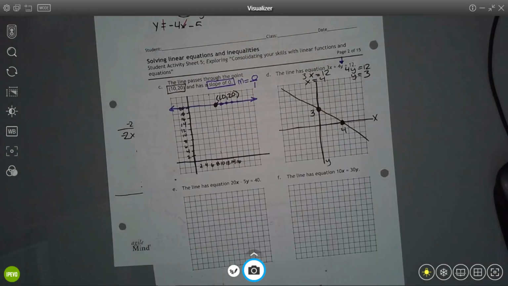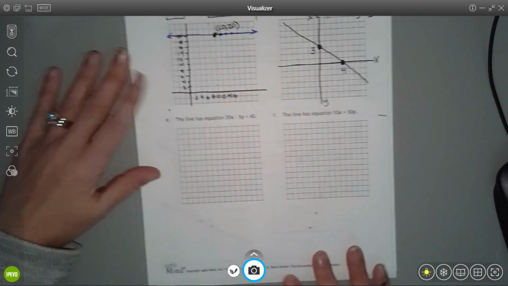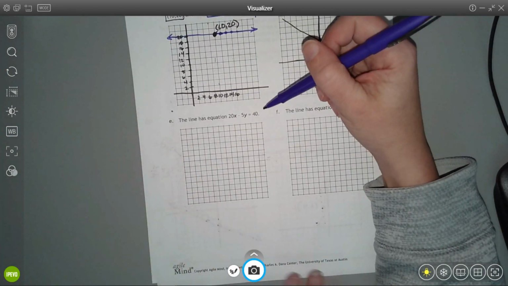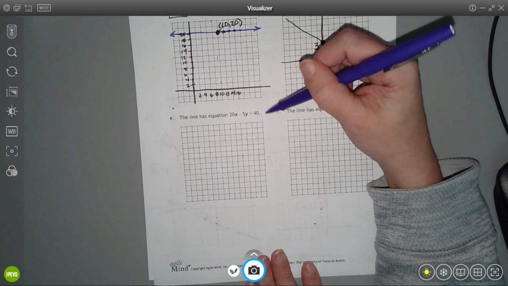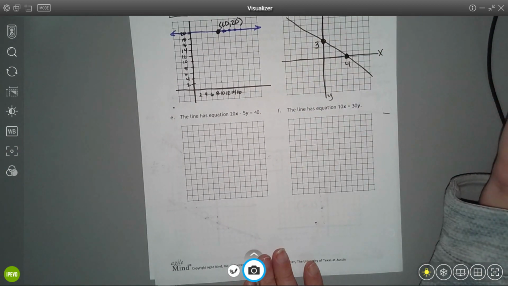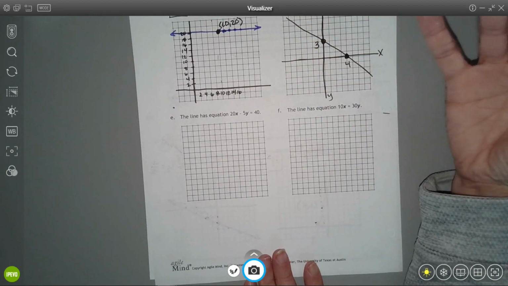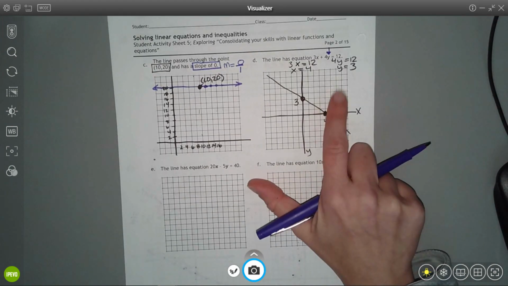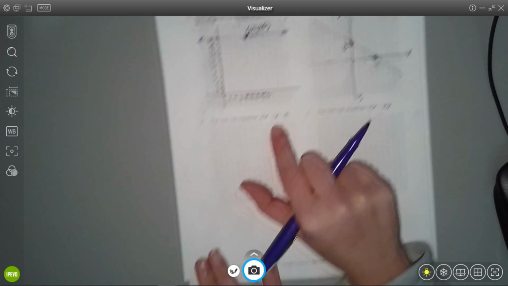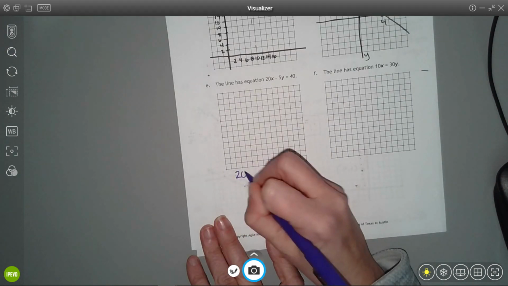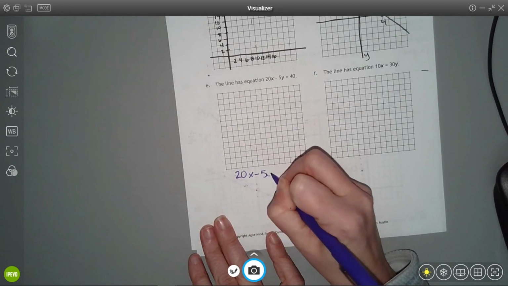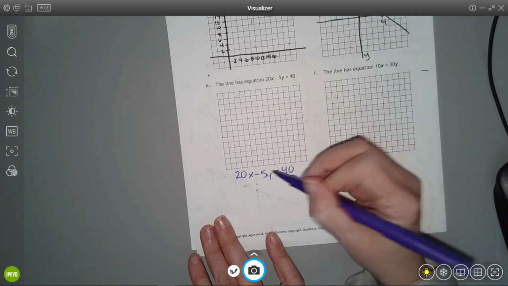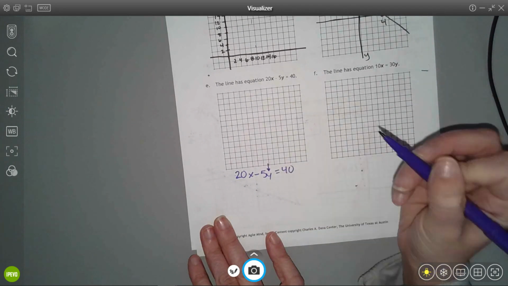Okay, so let's look at question E. Question E says the line has an equation of 20x minus 5y equals 40. Me personally, guys, I prefer to find the intercepts, but because I did intercepts up here, I'll put this in slope-intercept form. Slope-intercept form, get the y by itself.